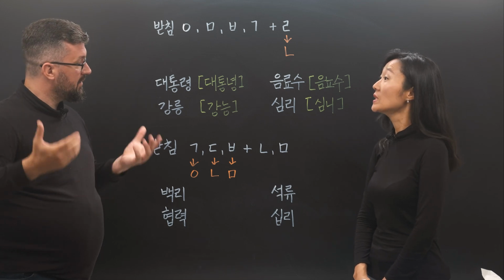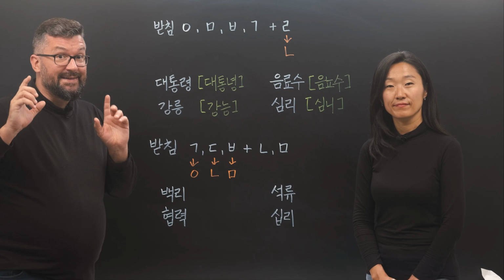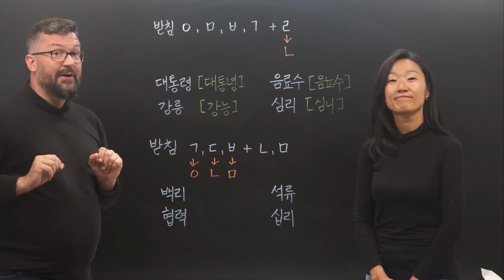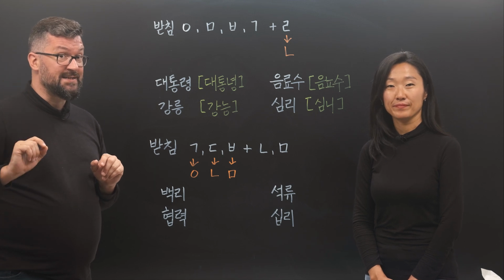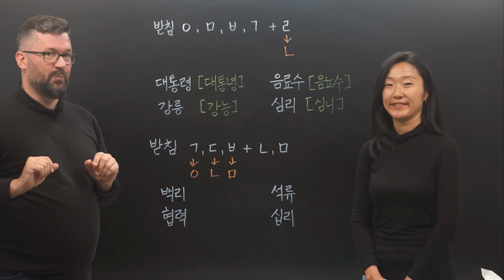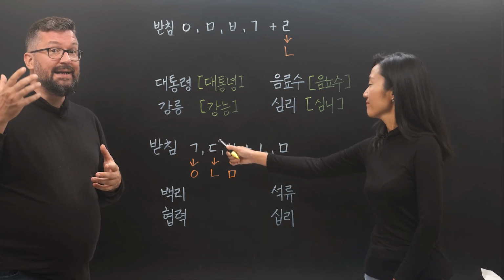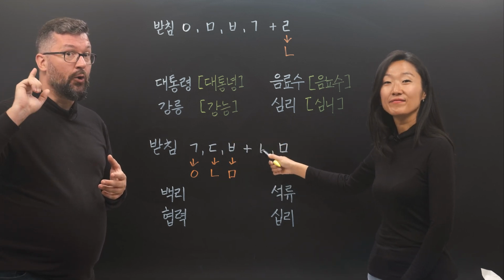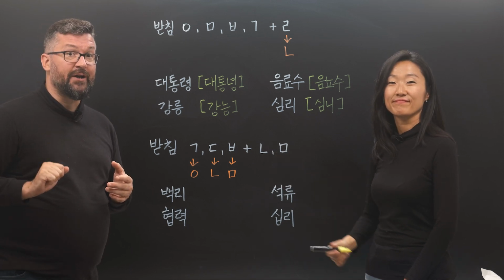R becomes n. This isn't too difficult, but the new combination of consonants means that various rules that we've already learned in other pronunciation lessons could apply now. Have you seen the video on what happens when Batchim g, d, or b meets the consonants n or m in the next syllable? Let's quickly recap what we've learned in that video.